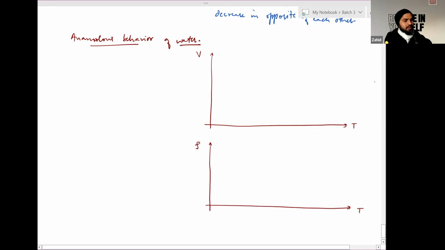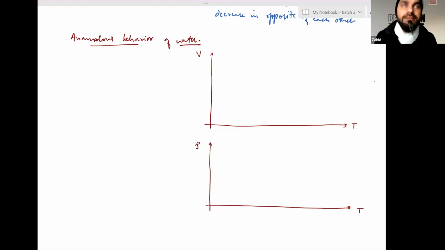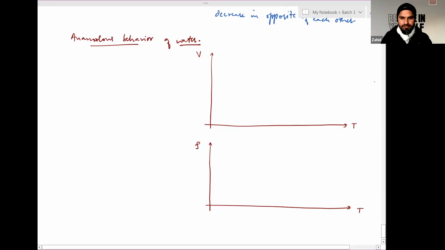Riba, just tell me, at what temperature does the density of water have its maximum value? I defined this part in fluids. Density of water will be maximum at a particular temperature.